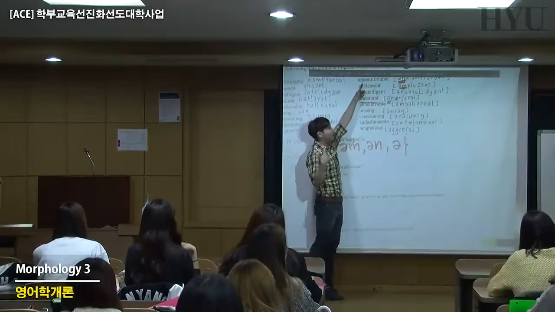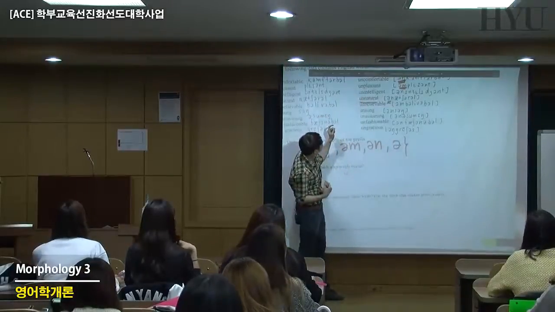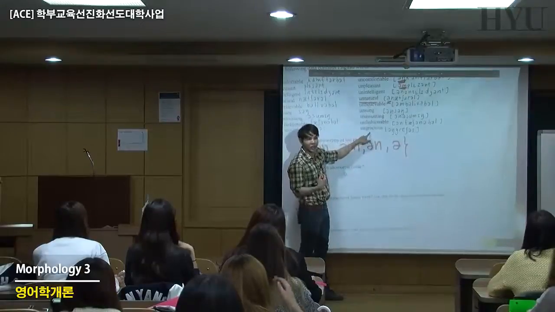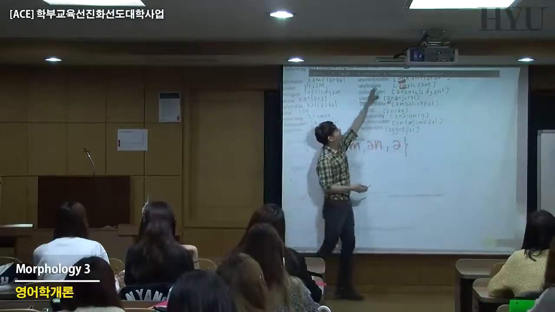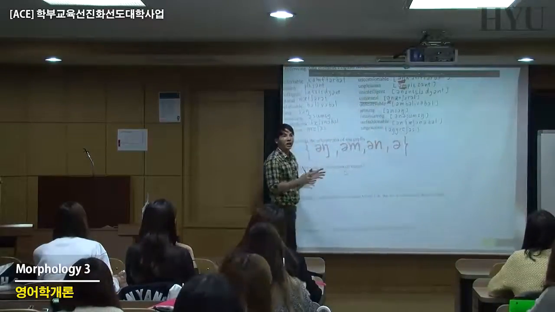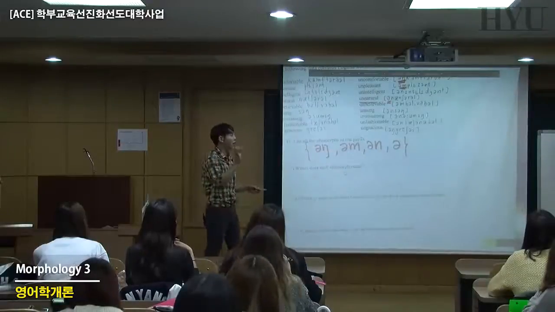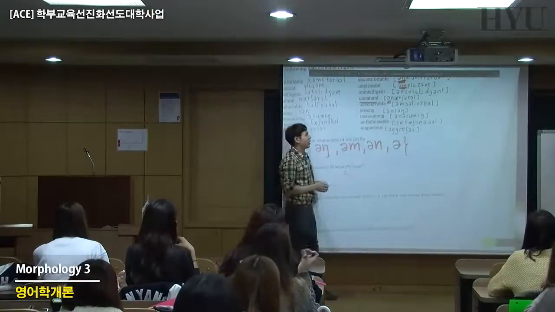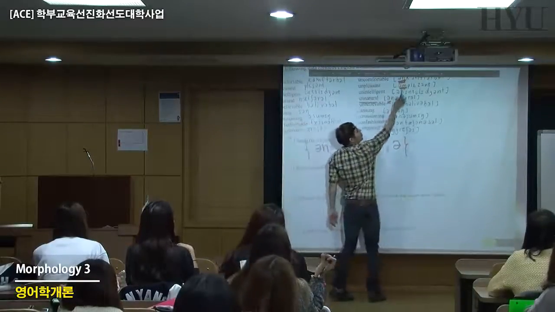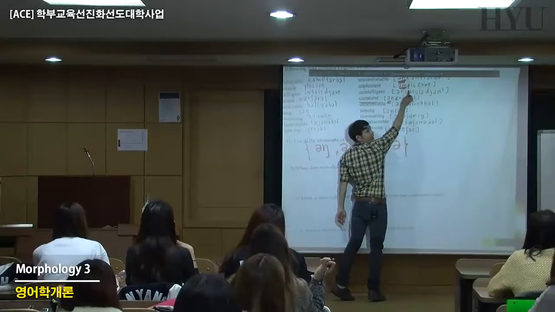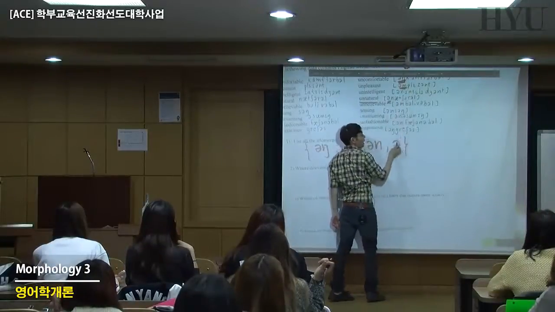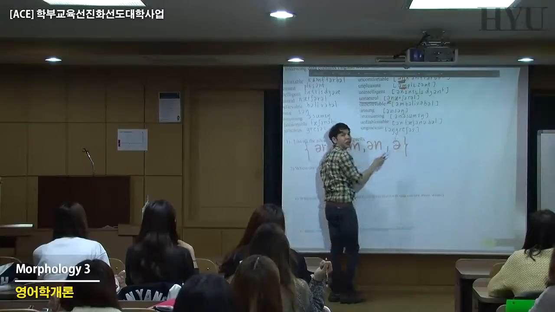Uncomfortable, N with the tail. And then ungracious. So what do they have in common? What do they share? The position, the environment. Before K in the first one, right? And here before G.